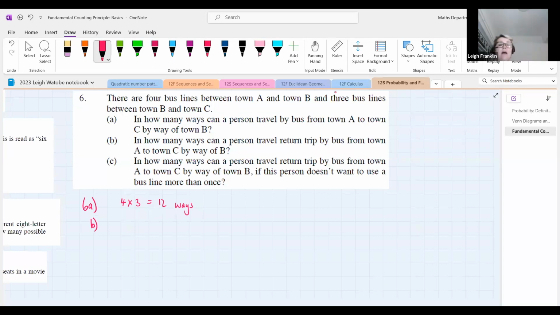In question B, in how many ways can a person travel return trip by bus from town A to town C by way of town B?